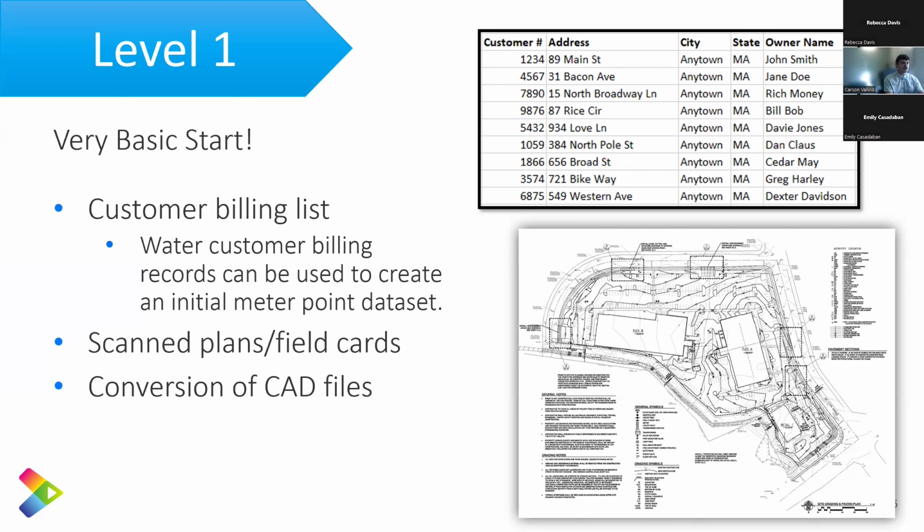Based on that, we can do scans and digitization of field cards, tie cards that show where a tie card is and thus where the water service lines are. Same thing for water mains and all of those water assets. If you have your data in a CAD system right now, CAD files, and want to bring it into a GIS format to utilize some of the stuff that we'll be talking about in a couple of slides, we can also support in the conversion of that into an Esri GIS geospatial format.